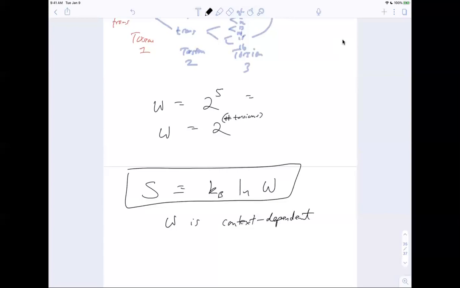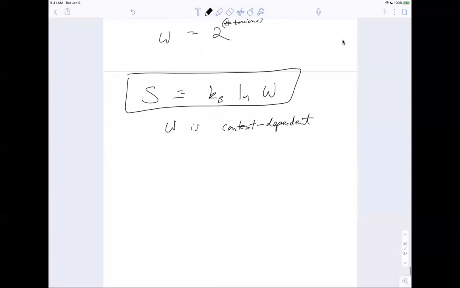Okay? So we can actually make this argument that, let's say I have a polymer, and for some reason, I freeze it. I freeze it to some very low temperature where now the bonds are frozen. They're rigid, the angles are rigid, and in fact, it's at such a low temperature that it's very difficult to have torsional motion or dihedral motion around the angles. Okay? And so in this case, what would W be?